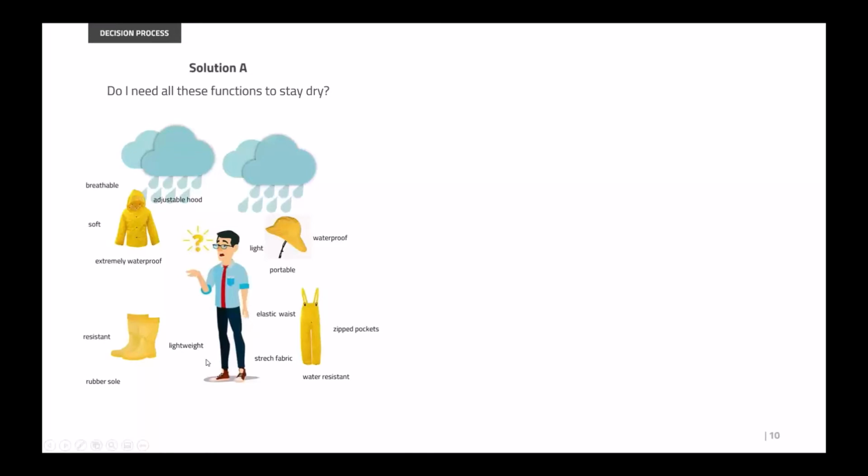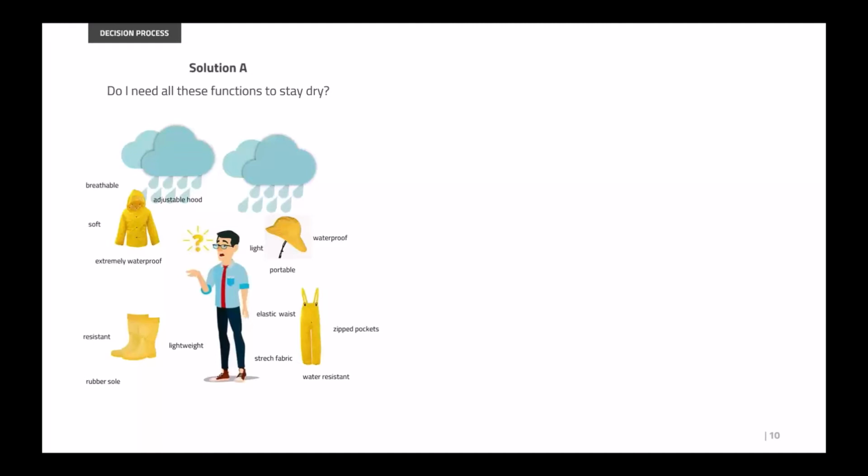So it's a lot of nice technical features. But the big question is, for this walk of 10 minutes, is all this needed? He needs a lot of time to use it, to prepare himself before he can start the walk. Okay, so this is the big question for him. Do I need all these functions to stay dry?